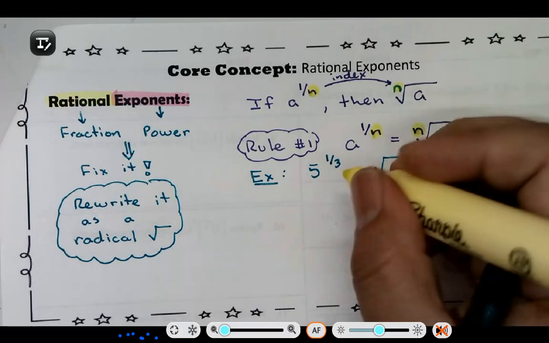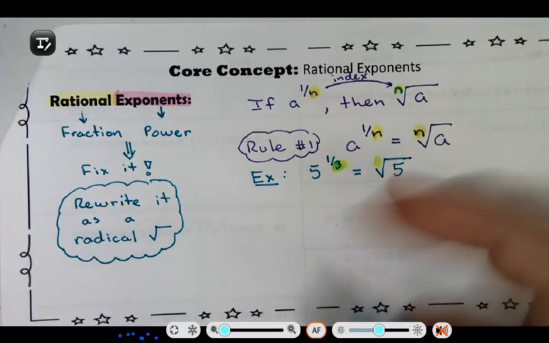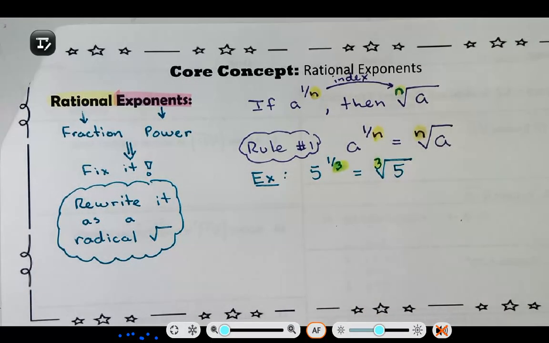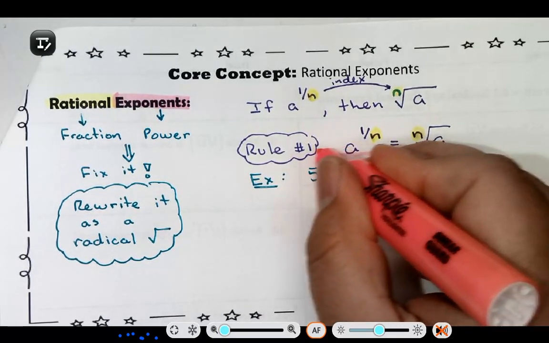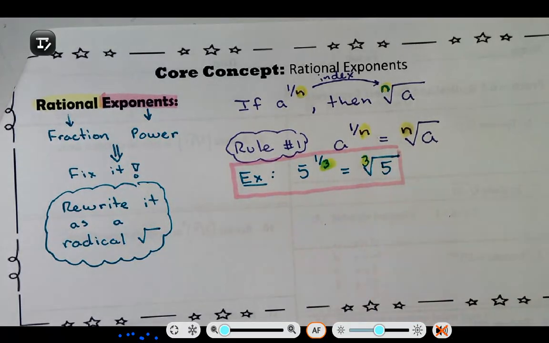Well, don't forget, if my denominator is 3, then my index is also 3. So right now we're just talking about rewriting, nothing else. But that's just a quick little example of what that means. Again, if you see a power that's a fraction, rewrite it. You got to fix it. Now, there is a different variation of it.